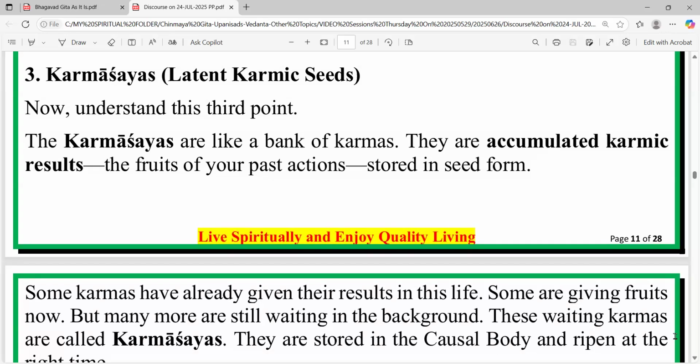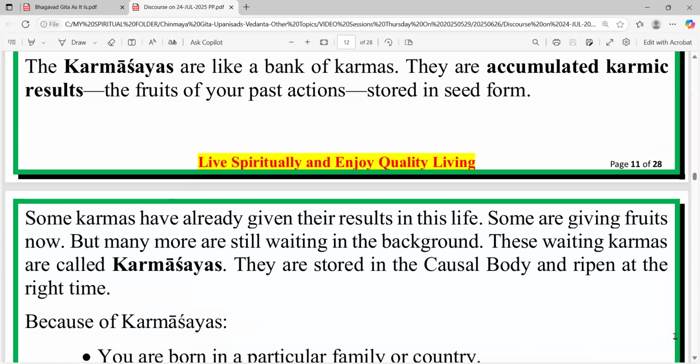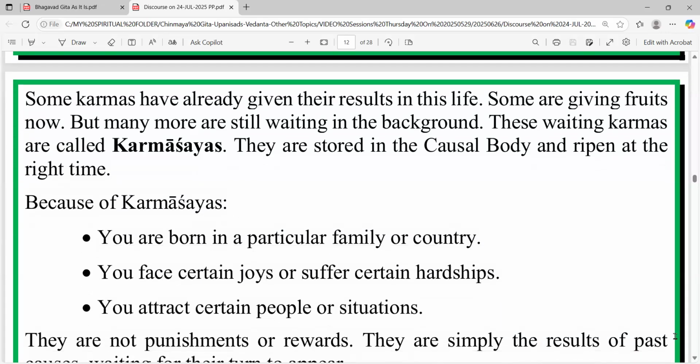Number three, karmashayas, which are latent karmic seeds. The karmashayas are like a bank of karmas. They are accumulated karmic results. The fruits of your past actions are stored in seed form. Some karmas have already given their results in this life. Some are giving fruits now, but many more are still waiting in the background.